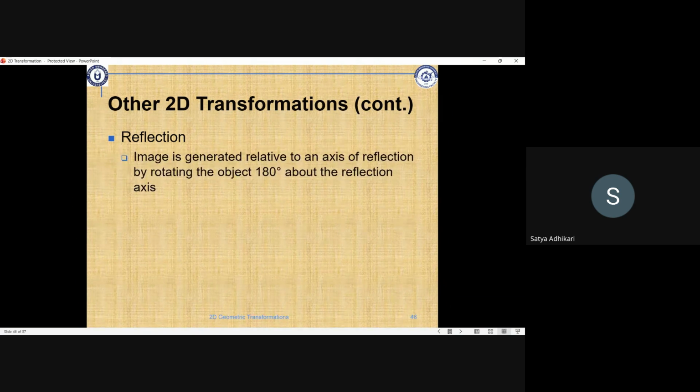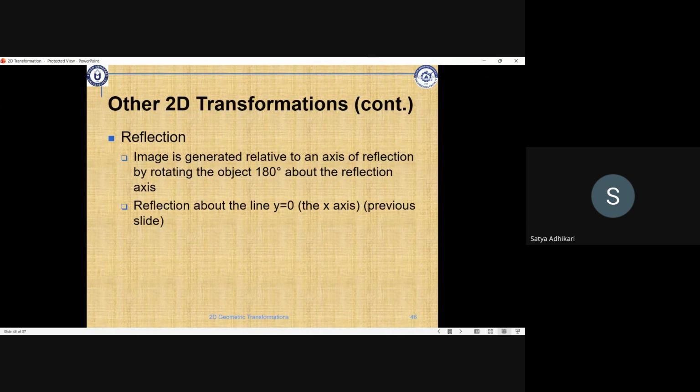The image is generated relative to an axis of reflection by rotating the object 180 degrees about the reflection axis. So this is called a reflection. Reflection about the line y equal to 0, the x-axis.